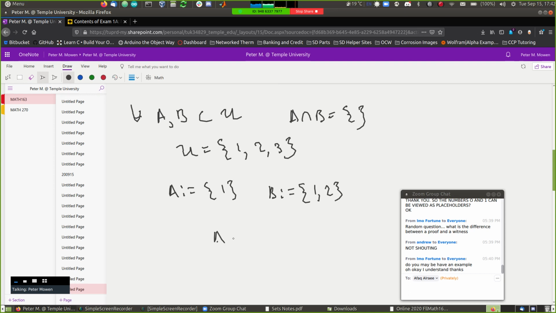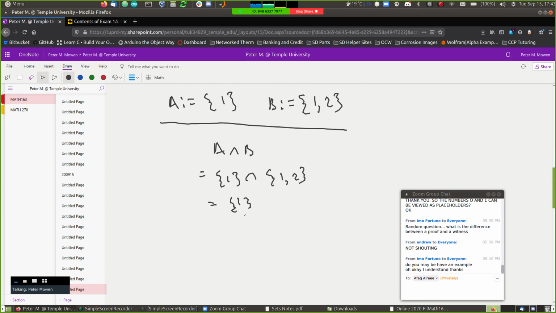Then it would follow that A intersect B is equal to the set containing 1, which doesn't equal the empty set.